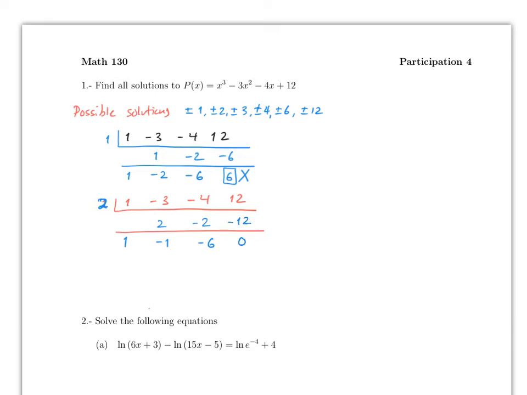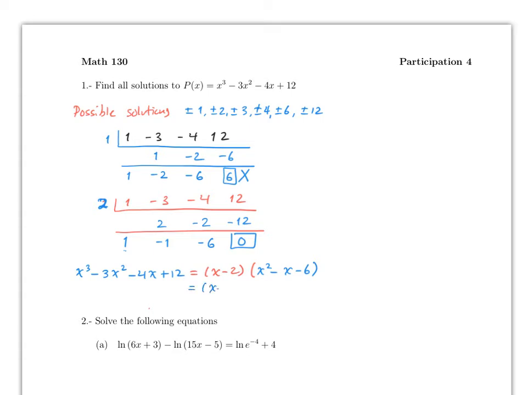And that's great. So therefore from here, since we get 0, that means the x cubed minus 3x squared minus 4x plus 12 can be factored as x minus 2, because we already know x equals 2 is a root, so 2 minus 2 is 0, times this will give you now x squared minus x minus 6.